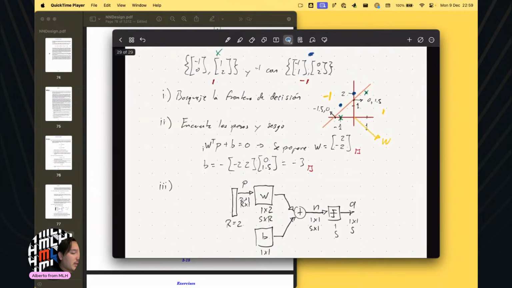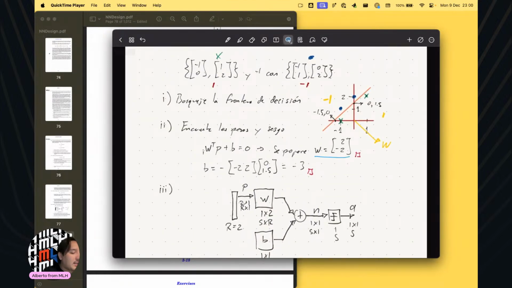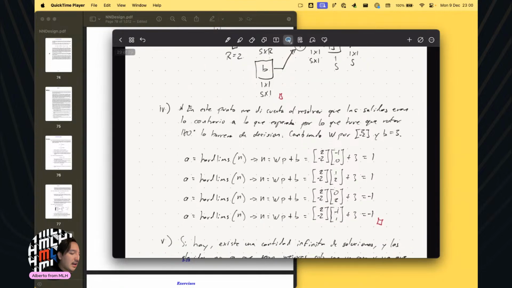At this point, we already have weight and bias values, so we can start checking the solutions. If we test the vectors they gave us with the weights and bias we set, we check that it classifies the outputs correctly.